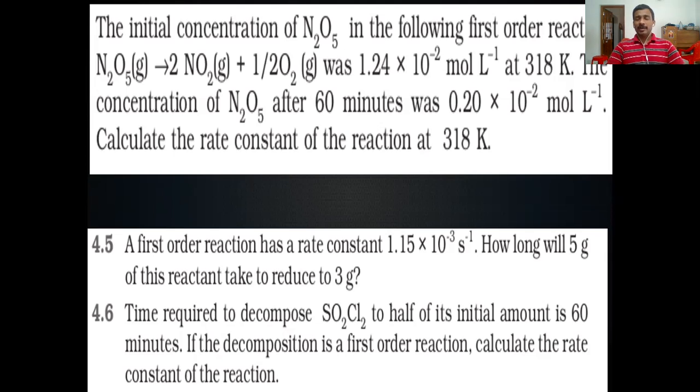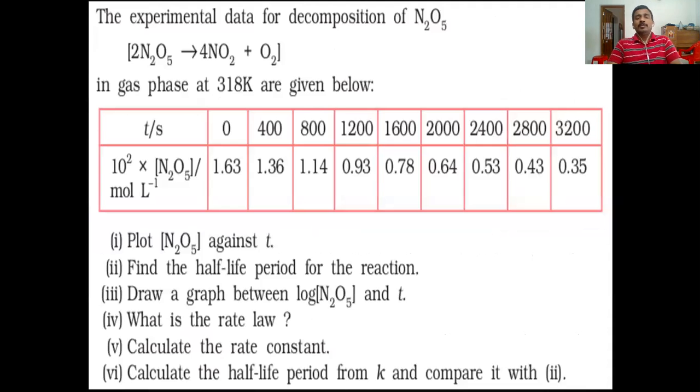What is the relationship between k and t half for first order reaction? k is equal to 0.693 divided by t half. So k is equal to 0.693 divided by 60. You will get k in per minute. I think it is clear to you. Now we can see another problem. If you can solve it, I can say you got all the points related to this topic.